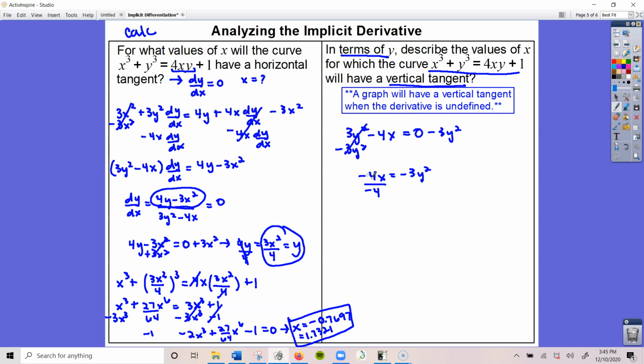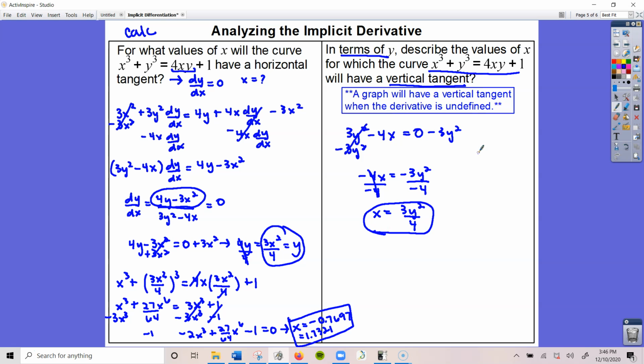And then divide by negative 4. So x is equal to positive 3y squared over 4. Now this means that the curve will have a vertical tangent when x is equal to 3y squared over 4. That's what that means.